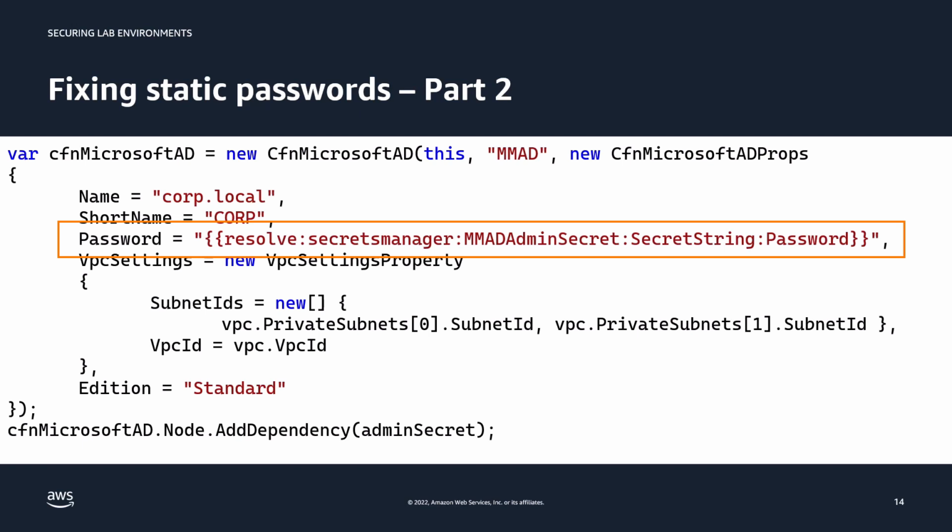One thing to be very aware of, we do want to add this little dependency node here to make sure that we don't start creating the managed Microsoft Active Directory until such time as the admin secret that we created in the previous code snippet has been done. So this forces this section of the CDK project to wait until the other part has been completed. Otherwise, we'd have problems because resolving this secret would fail.